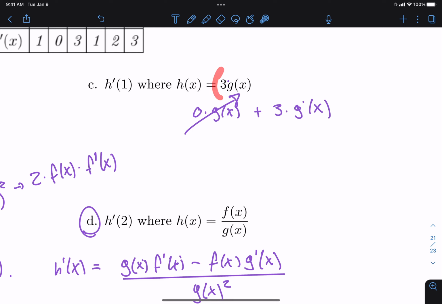So it turns out the derivative of 3 times g of x is just 3 times the derivative of g of x. But we already knew that from the constant multiple rule. The constant multiple rule says if you're doing the derivative of a constant times a function, the constant is just going to hang out, and we're going to do the derivative of that function.